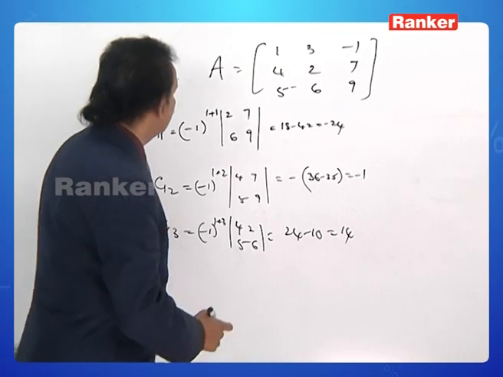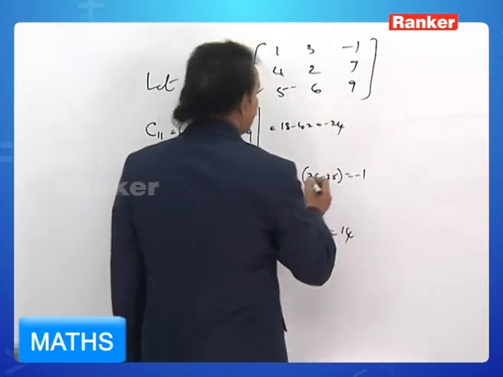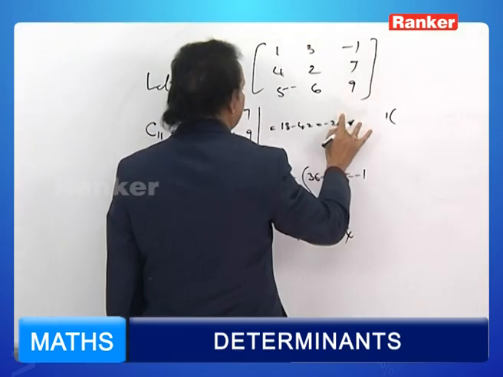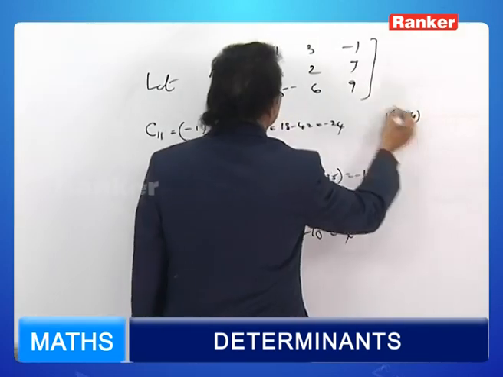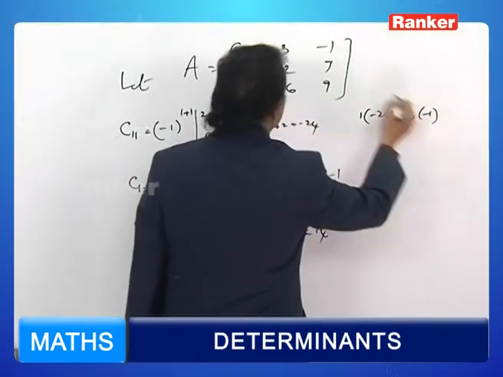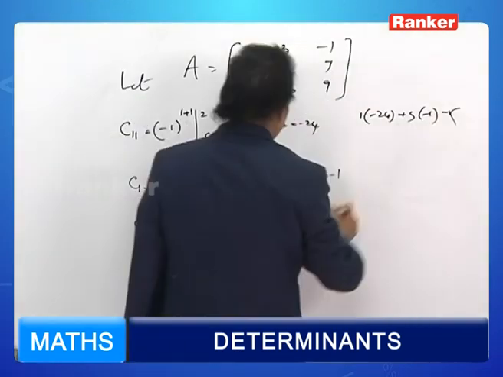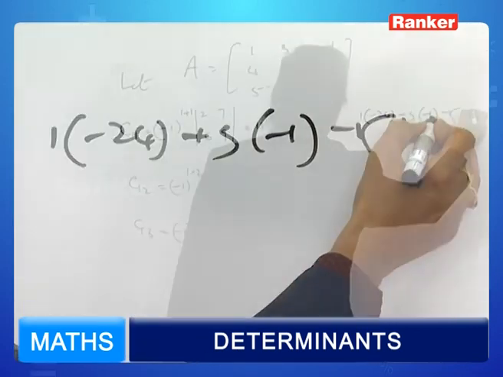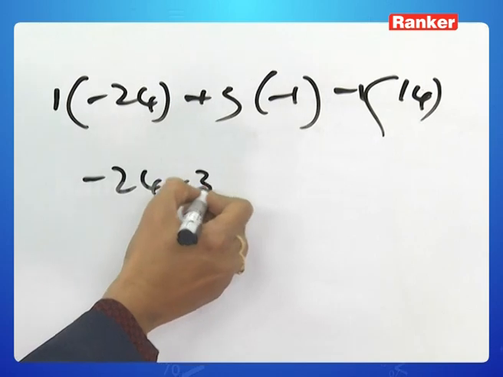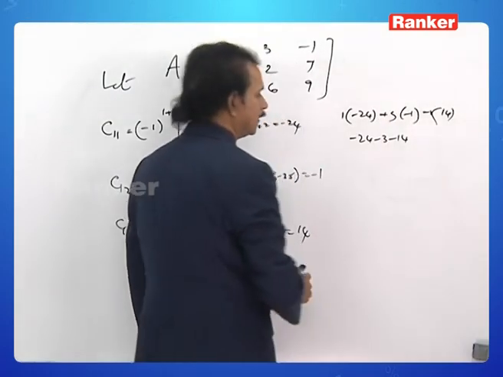Now, look at this. You multiply the first element by its cofactor, minus 24; the next element by its cofactor, minus 1; the next element by its cofactor, 14. Altogether, how much? Minus 24 minus 3 minus 14.